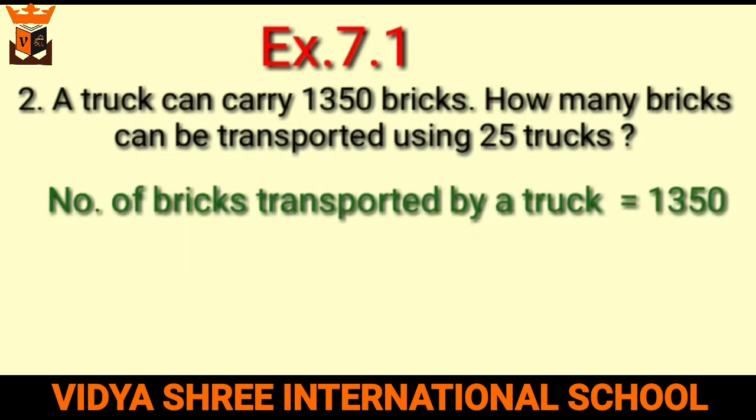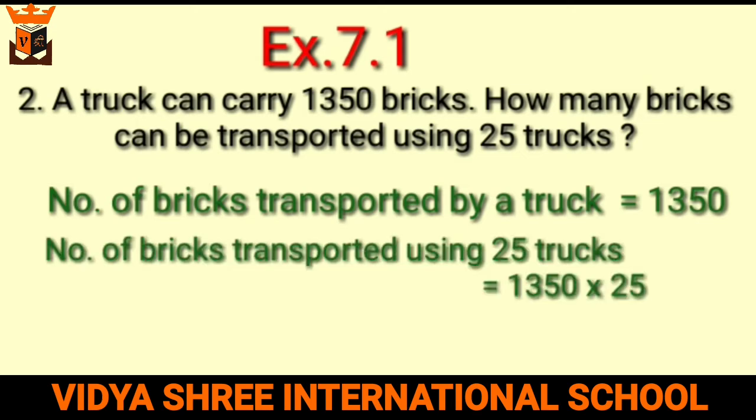Number of bricks transported by a truck is equal to 1350. And number of bricks transported using 25 trucks is equal to 1350 multiplied by 25. So after multiplying, we get 33,750 are the bricks transported using 25 trucks.